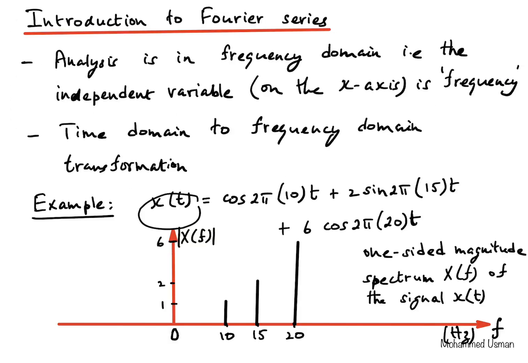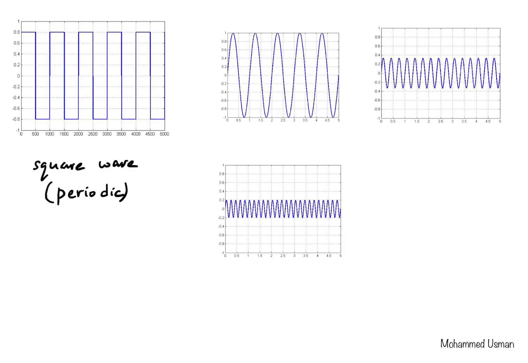Just as we had this x of t here as a sum of sinusoidal components of certain frequencies, the square wave is now our x of t. That is a sum of several different sinusoidal components, each having its own frequency.